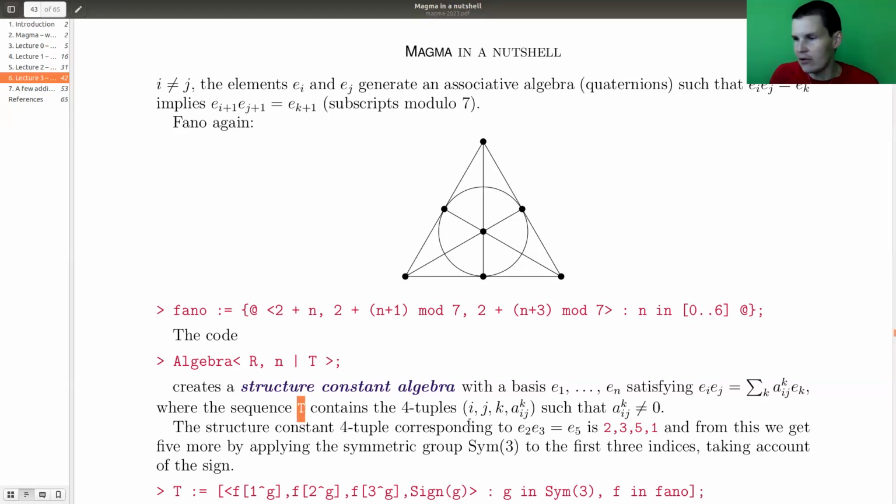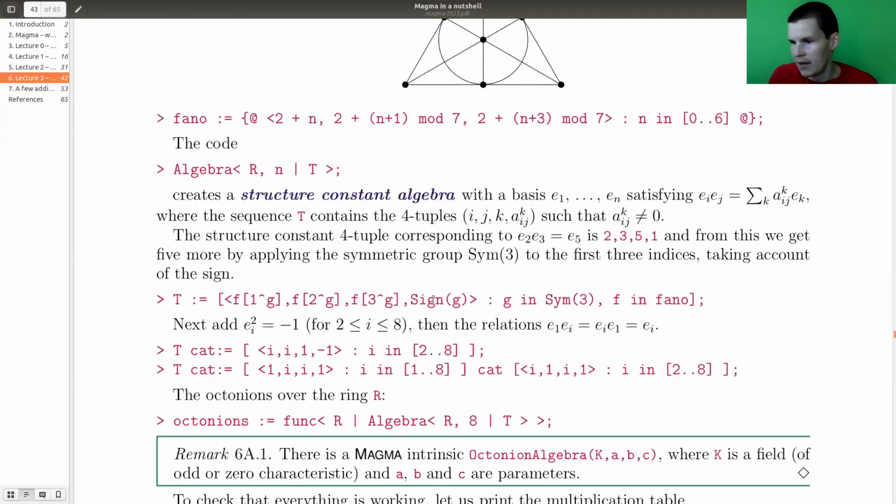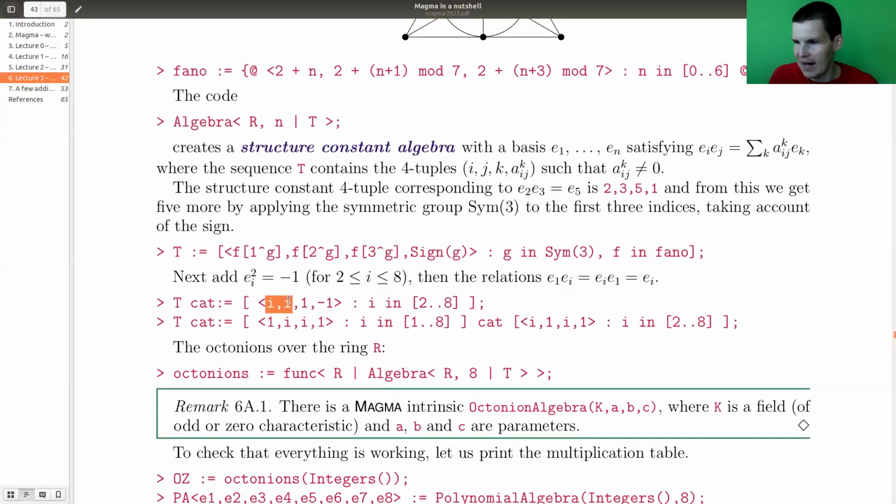And T contains 4-tuples of i, j, k, and the coefficient. So for example, if I would write down something like this, i, i, 1, minus 1, then this is saying Ei times Ei is minus 1, right? This is a scalar in front of the identity.